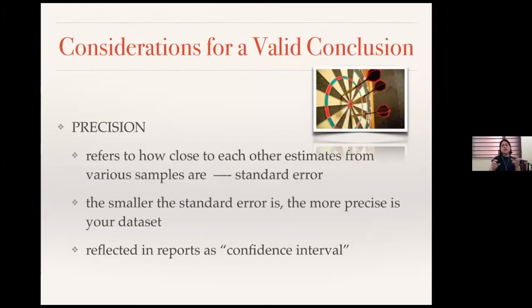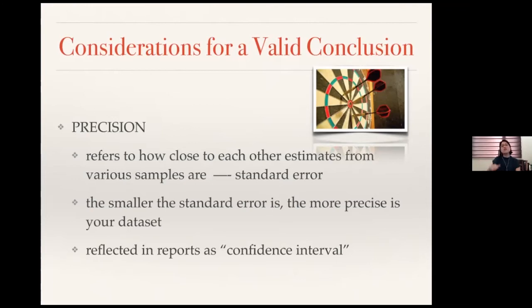So when you see how close to each other the estimates are, the term we use is standard error. So we want the standard error to be small. The smaller the standard error is, the more precise your data set is. But this is a word of caution for you guys: do not confuse standard error with the standard error of the mean.